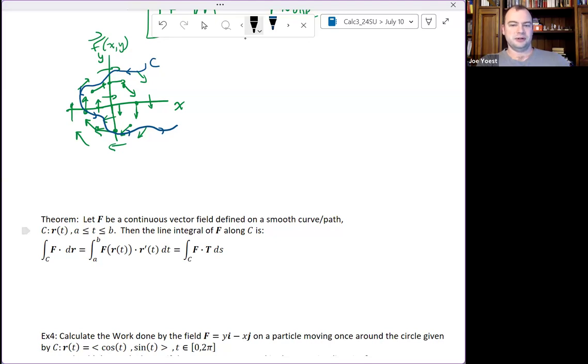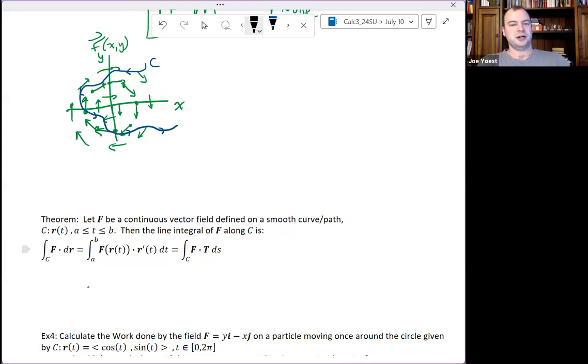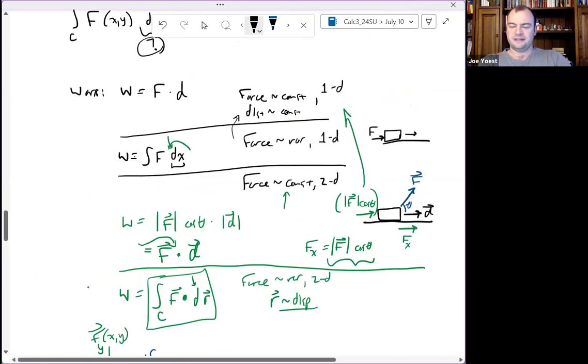Then we say the line integral of F, the vector field along the curve C, is the integral over C of F dot dr, which we say is the integral from t equals a to b of F of r of t dot r prime of t dt. Or we can say that's F dot the unit tangent vector ds.